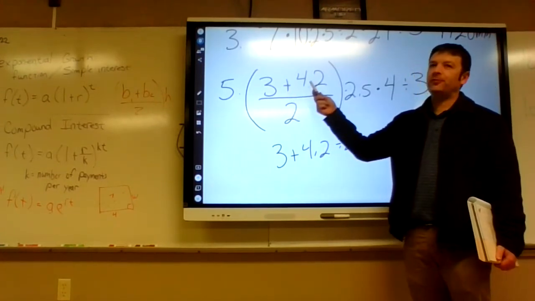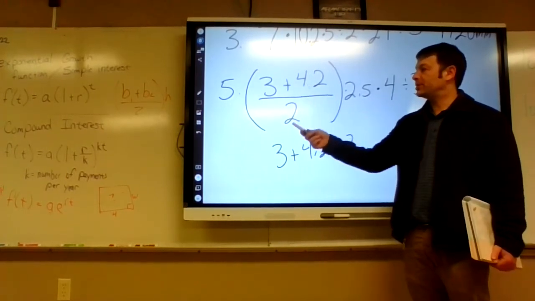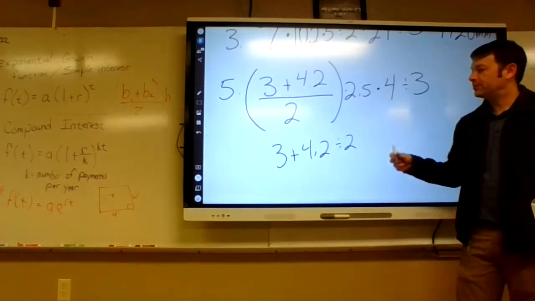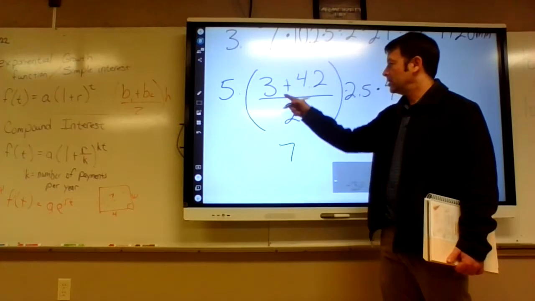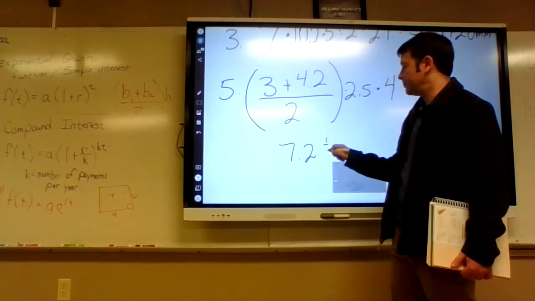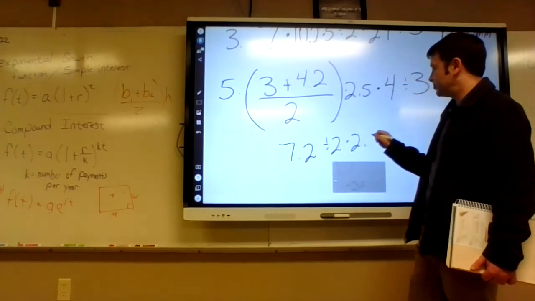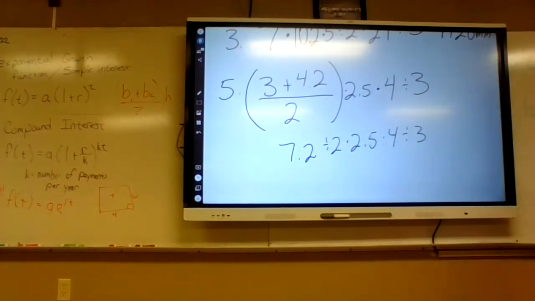Just do 3 plus 4.2 in your head. 7.2, right? And then just plug in 7.2 divided by 2 times 2.5. That would work. Just have to add before you do everything else. 7.2 divided by 2 times 2.5 times 4 divided by 3.